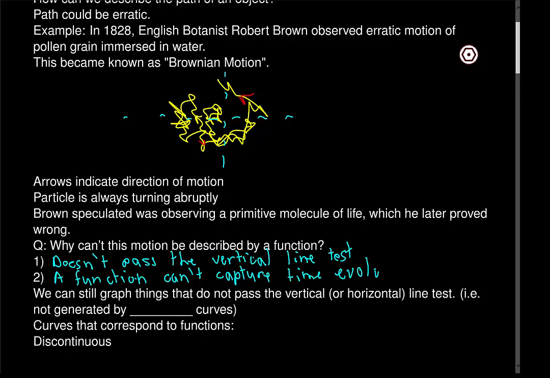Okay, let me just explain for a minute, just to be careful. What we really mean is just that an XY function couldn't capture the time evolution. What we need to do is bring time in somehow, and that's the idea.